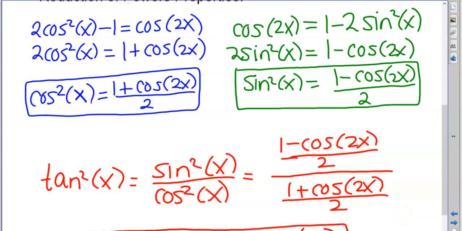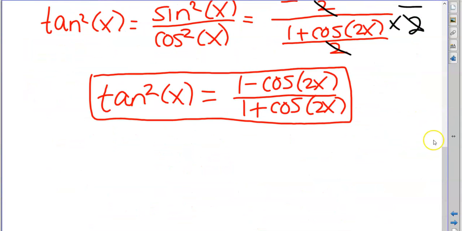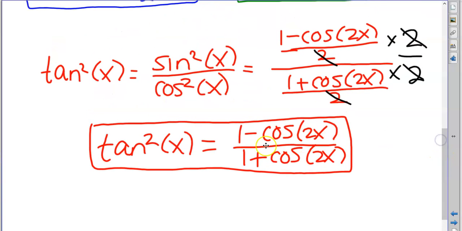And then if I multiply numerator and denominator by the same number, so if I multiply this times 2 and this times 2, then that would eliminate the 2 in the denominator, and I would end up with just this. Tangent squared of x is 1 minus cosine of 2x over 1 plus cosine of 2x. So those three are our reduction of powers properties.